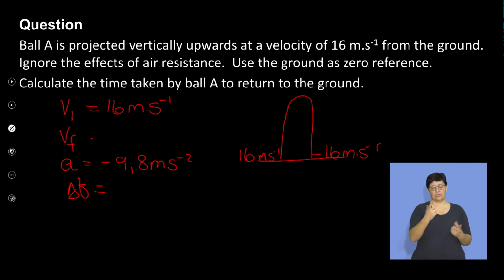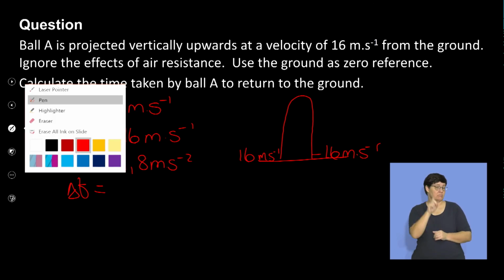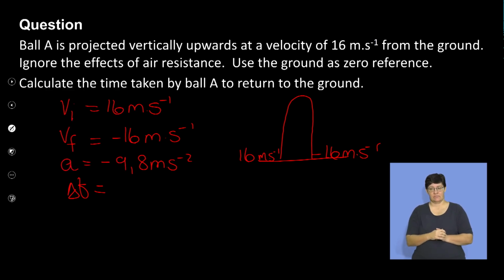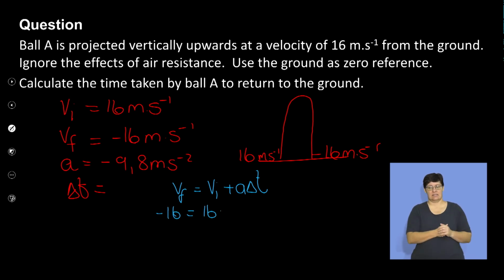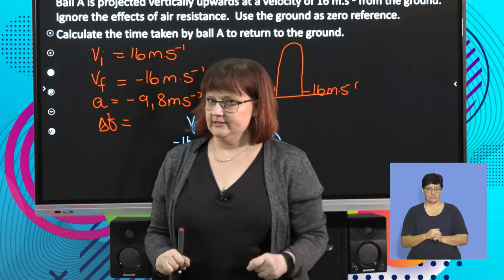If I make final velocity minus 16, okay? Because watch. If I now do, the easiest equation is going to be VF equal to VI plus A delta T. So I have minus 16, 16 minus 9,8. At this point, I need to calculate time.